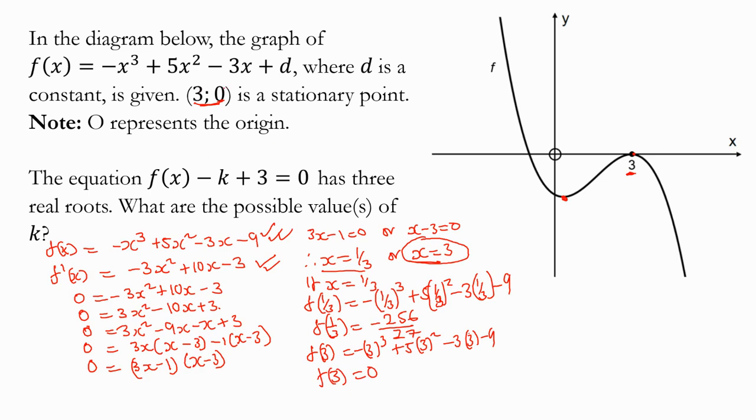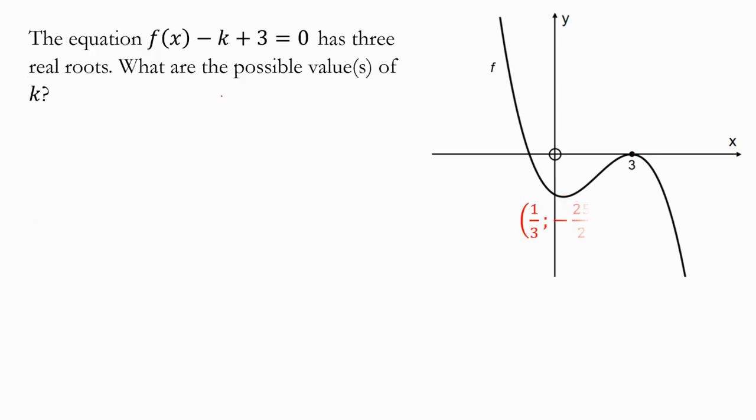If x is 3, y is 0. So our turning point there is going to be negative 256 over 27, and then here is 0. That is our turning point there.